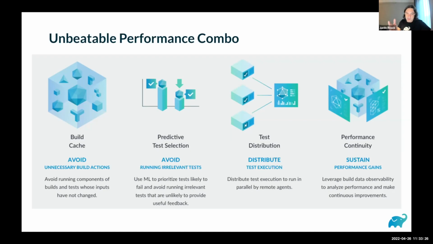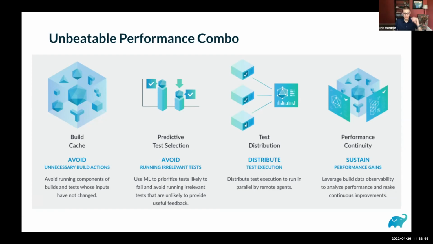So what we're saying here is we've got this great framework where caching can help you avoid some work, predictive can help you avoid even more work, and then with whatever work still needs to be completed, we can distribute that work in parallel. So we're really hammering this thing from three different angles. And of course, we're keeping that performance continuous over time by keeping down the amount of flaky tests, unnecessary failures, and that sort of thing that developers are encountering.